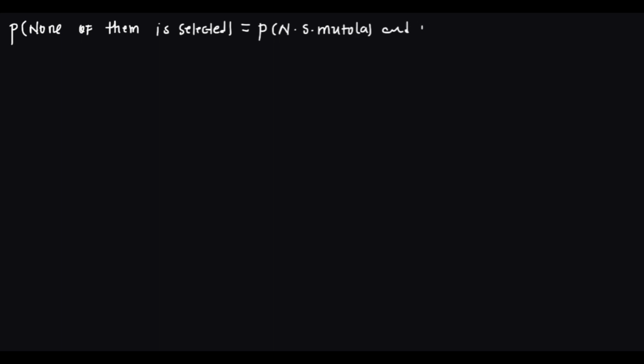So say the probability of none of them is selected is equal to the probability of not selecting Mutola and the probability of not selecting Mwambi.